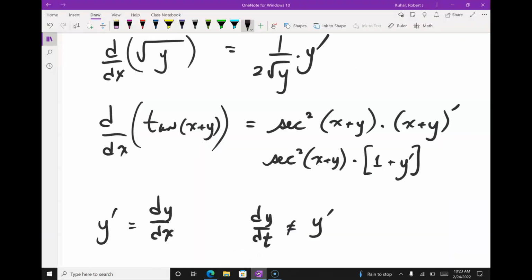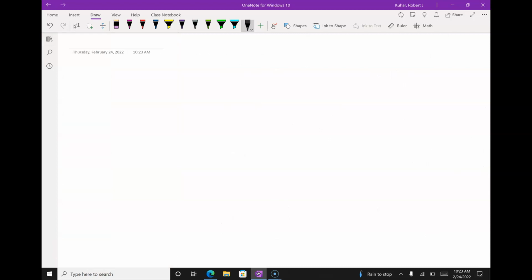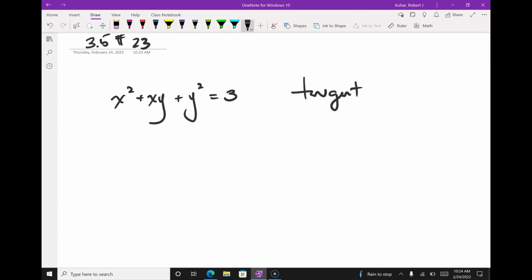So I'm looking at 3.5, number 23. And I've got x squared plus xy plus y squared equals 3. And I want to find the tangent at 1, 1.